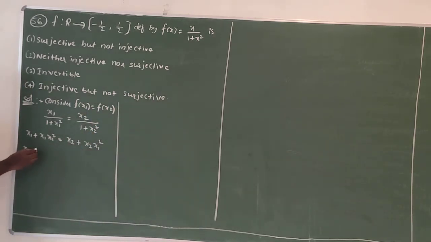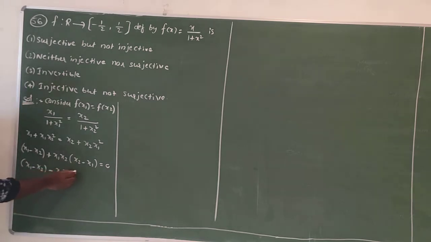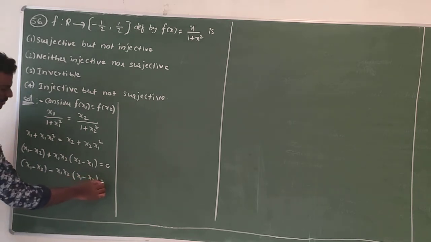Now what you will get? (x1 − x2) plus, in these two I can take x1x2 common, then (x2 − x1) equals 0. From this we can write x1 − x2, if we take minus common, this will be changed to x1 − x2.